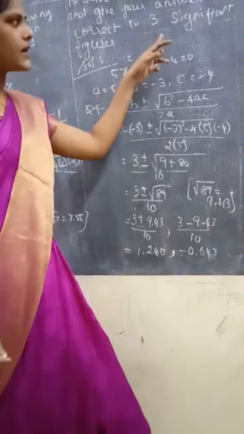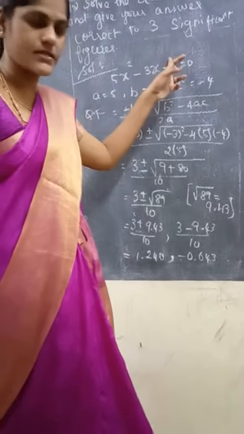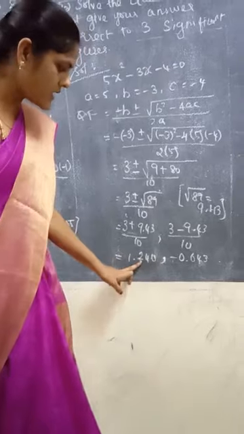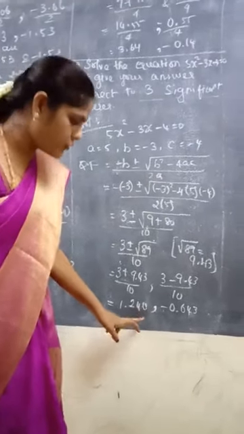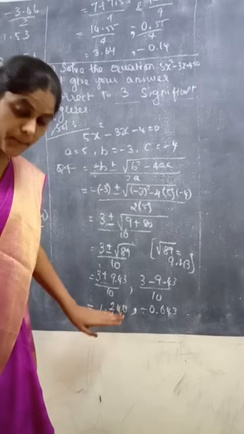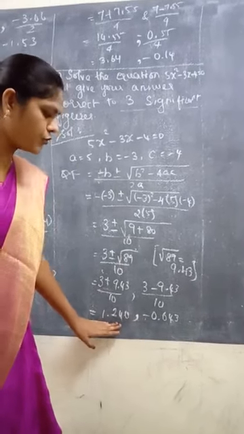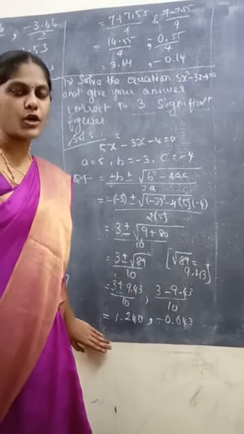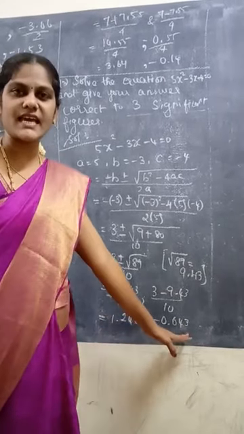Listen, here they asked to find three significant figures, so after the decimal we need 3 digits. See, 1.24: if you leave it at 24 you are not getting the mark. Compulsorily we need 3 digits. So 1.240 and minus 0.643. It is very important in your board exam. Up to this, the exercise is over.